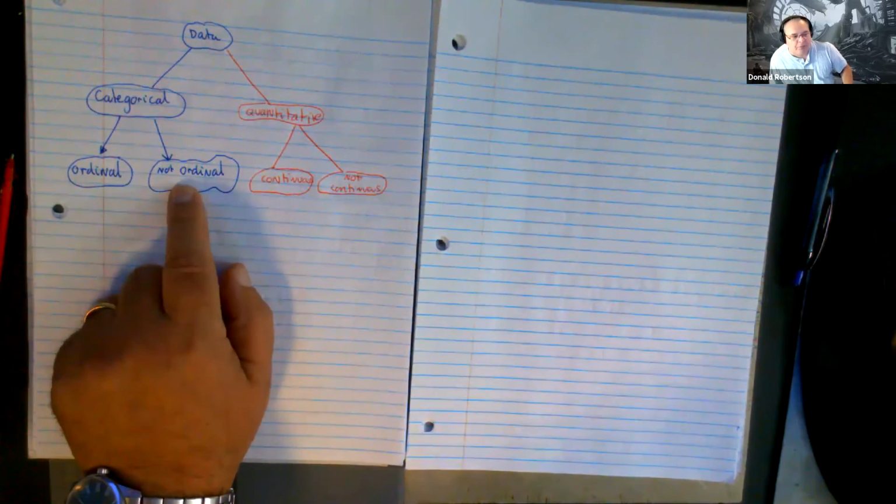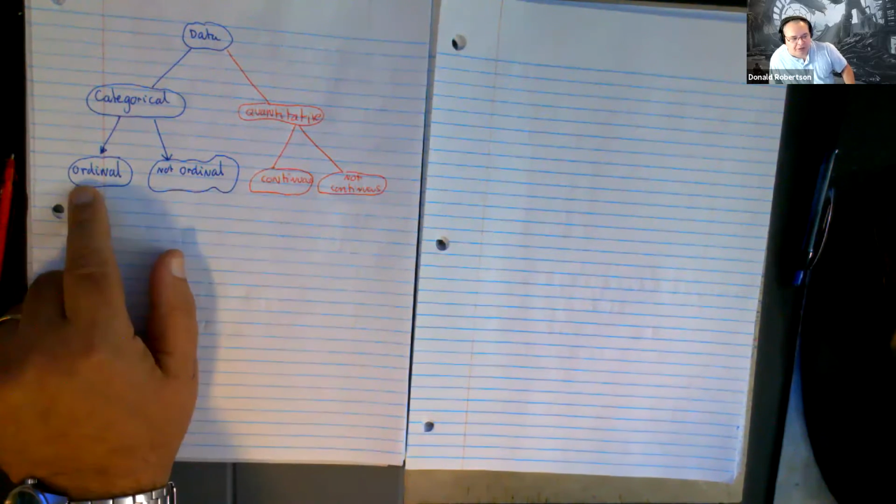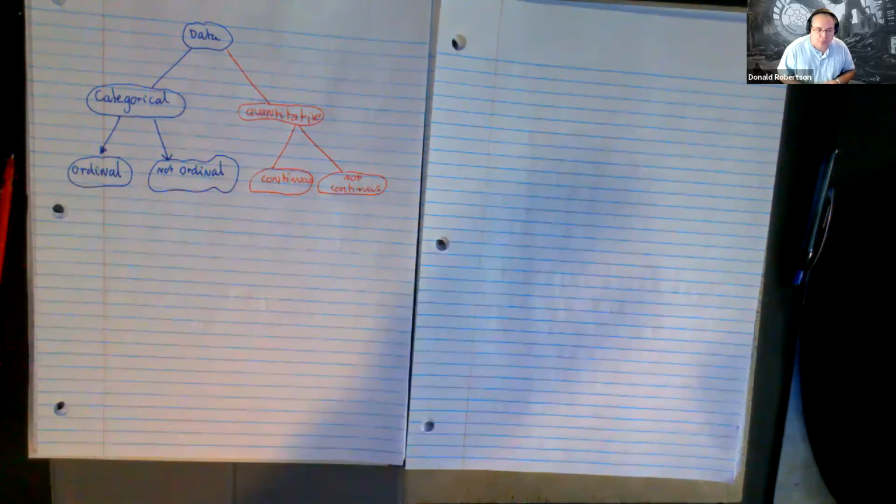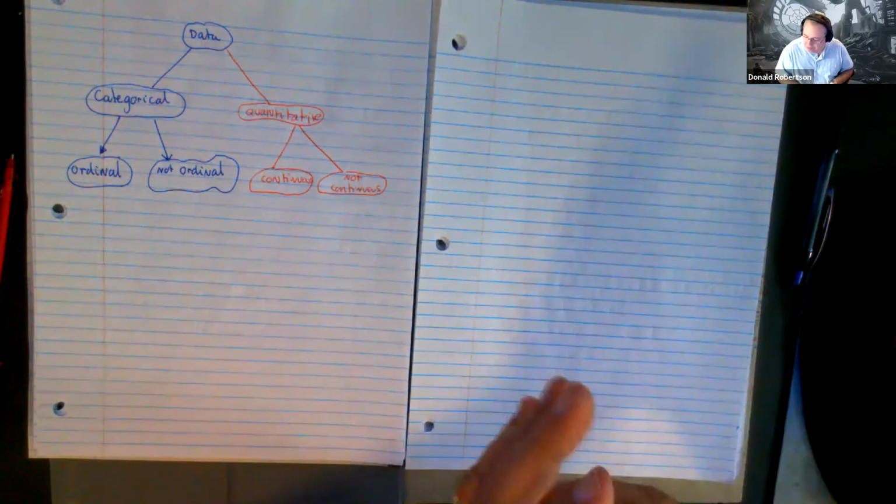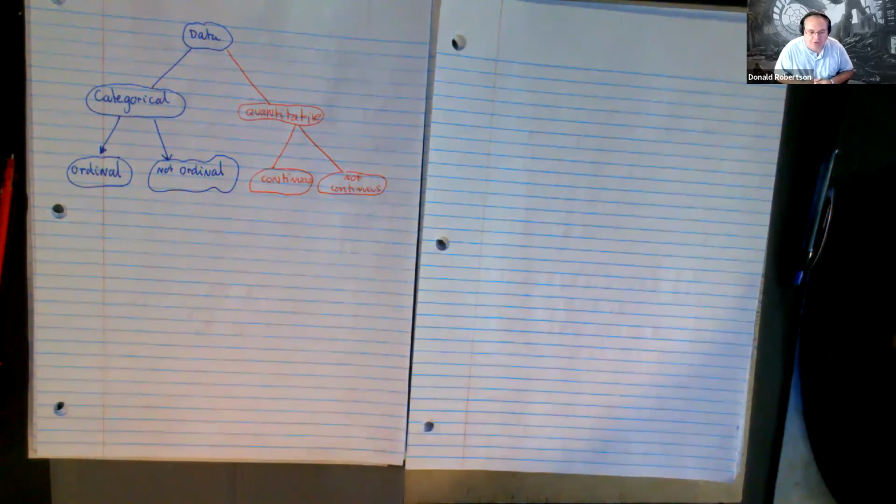One is called ordinal and the other is not ordinal. So ordinal would be situations where that data could be put in some kind of order. So it could be, for instance, senior, junior, sophomore, that kind of thing.